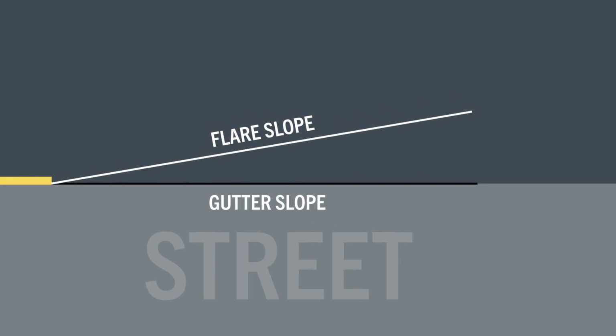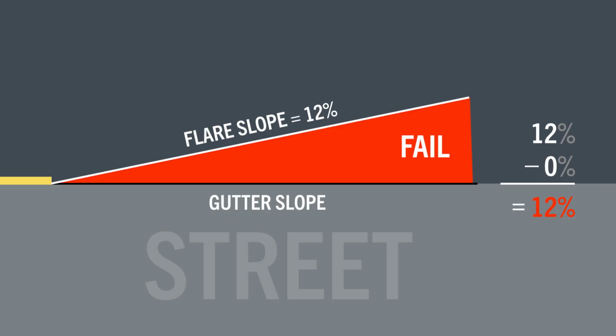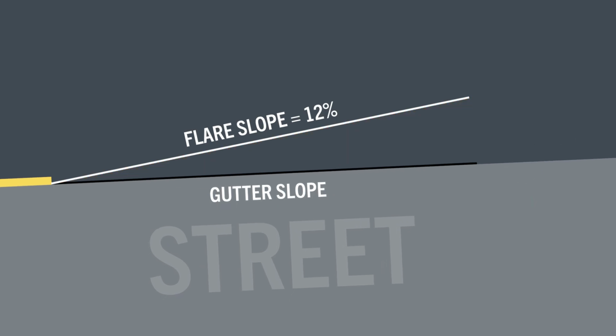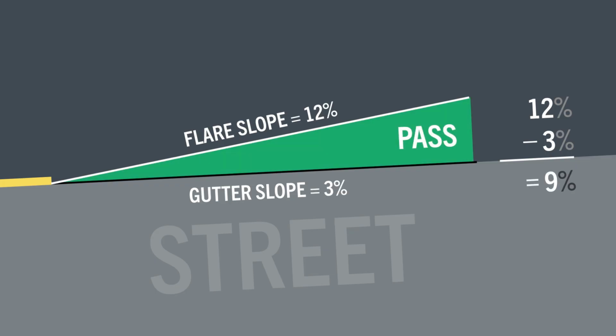For example, if you've got a 12% flare and the street itself is level, or a 0% gutter slope, 12 minus 0 is 12, which is greater than our 10% tolerance, and the flare fails. But if the street is on a slight hill, let's say 3%, you would deduct that 3% from 12%, giving you 9%, and the flare passes.